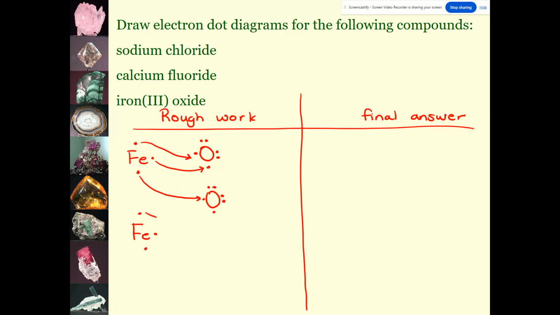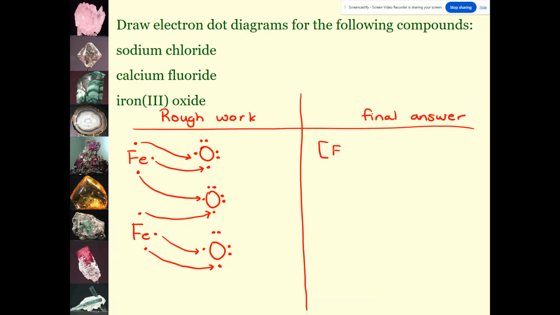I can't change the number of valence electrons, which is why I need multiples. Okay? So iron can give its one at the top away to the last one that oxygen needs, but I still have 2 electrons to give away from the second iron, so a third oxygen comes along and transfers those electrons. And now everything is filled and everything has lost what it needed to.